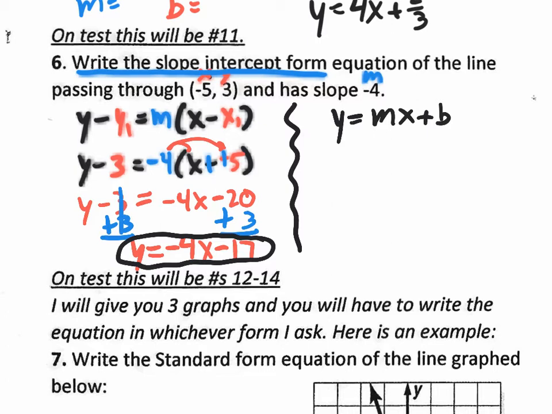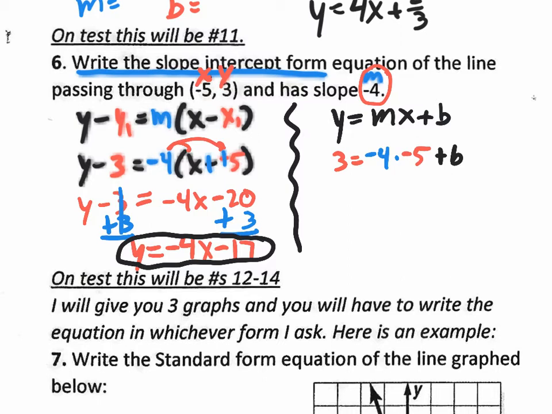I have y equals mx plus b. If I wanted to, I could take the x value of -5 that they gave us, the y value of 3 that they gave us, and the m value of -4 that they gave us, and plug it all into y equals mx plus b. In other words, instead of y, I'm going to put a 3 right there. Instead of m, I'm going to put a -4, and then times x, but x is -5, and then you have the plus b at the very end.